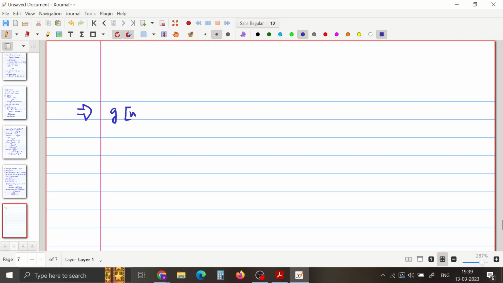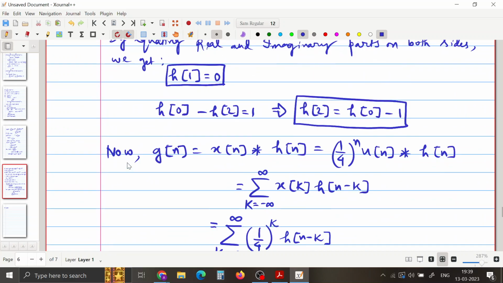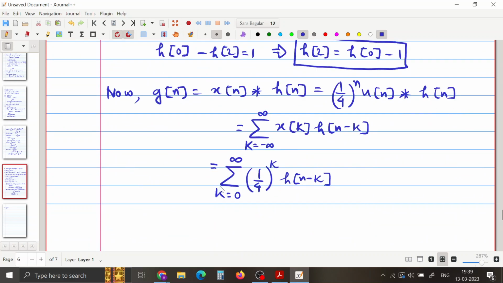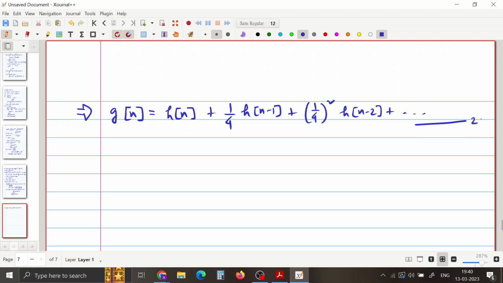So we get, if we just further expand this summation from k 0 to infinity, it takes the form h of n plus 1/4 h of n minus 1 plus 1/4 square h of n minus 2, and so on. Let me label this by equation 2.